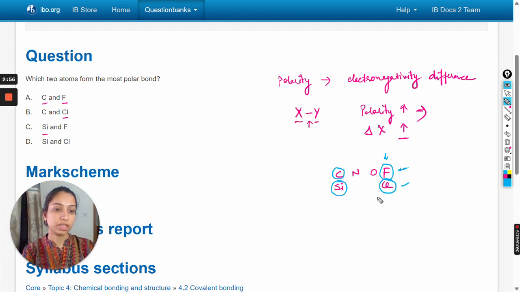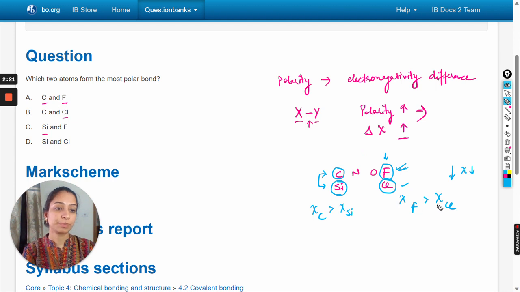And we know in the group, as we go downwards, electronegativity decreases, which means fluorine will have more electronegativity than chlorine. And if we compare the electronegativity of carbon and silicon, then electronegativity decreases down the group, which means electronegativity of carbon will be more than the electronegativity of silicon.